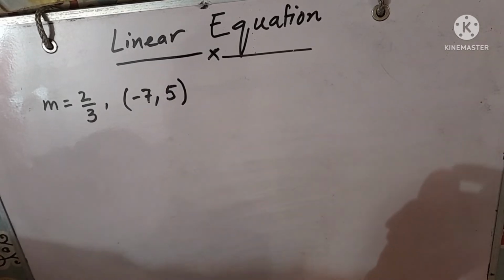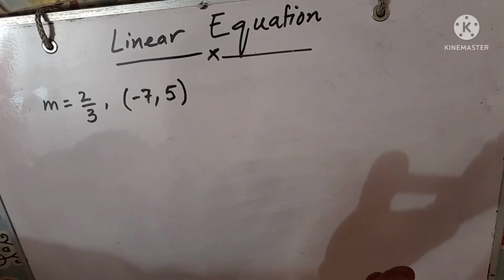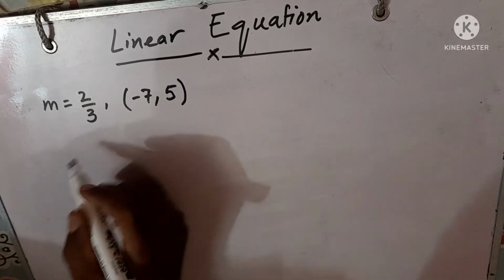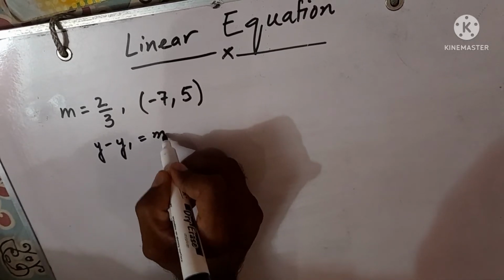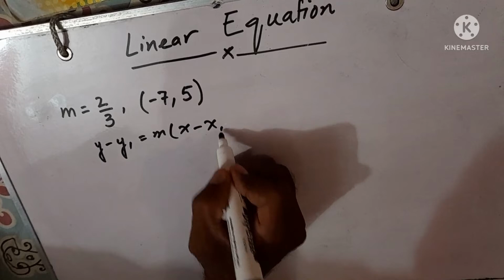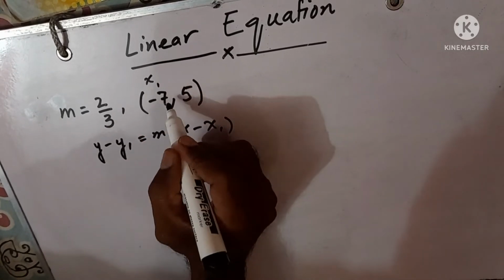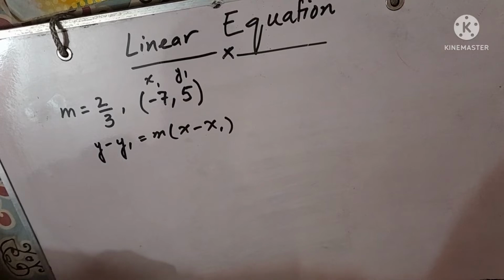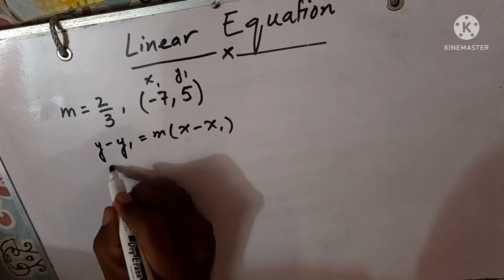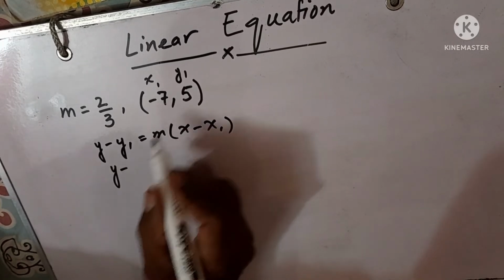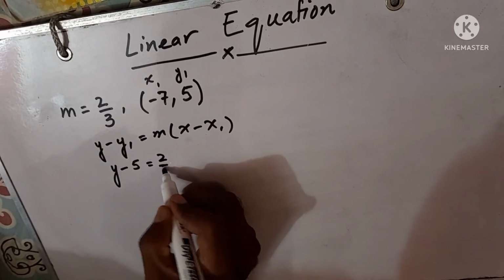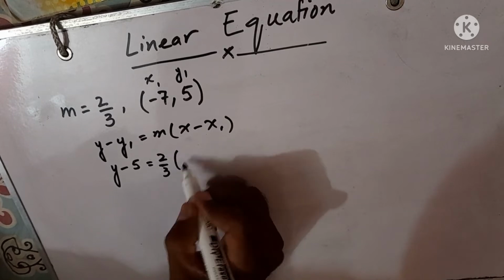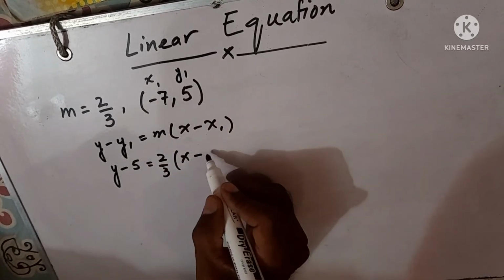In this case, we use the second equation of the line, y - y1 = m(x - x1), where my x1 is negative 7 and my y1 is 5 and my m is 2 upon 3. I will substitute these values: y minus y1, which is 5, my m is 2 upon 3, and my x1 is negative 7.